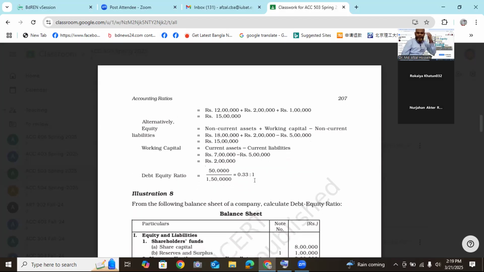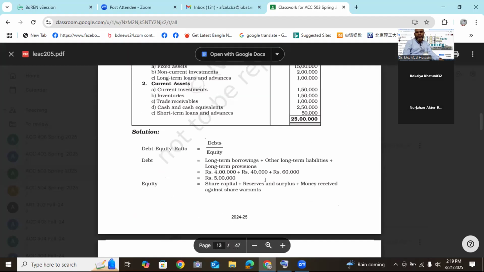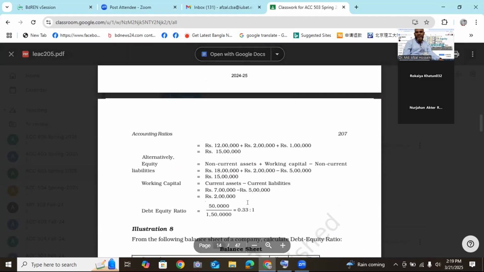What does it mean? That means your debt is 33% against your equity, isn't it?